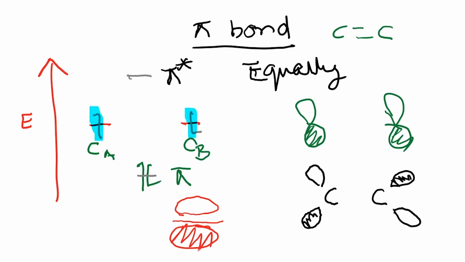And now let's try to construct a similar picture for the carbonyl, C double bond O. Again, a lot of the reactivity of carbonyl will depend on the pi bond, so let us now only worry about the pi bond. We draw the molecular orbital picture over here.